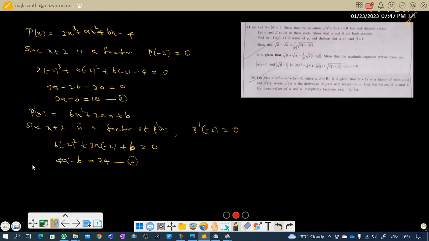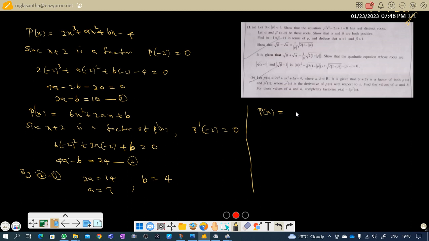This is equation 2. Then by 2 minus 1, we have 2a equals 14, a equals 7. Then what is b? b equals 2 into 7 minus 10, 14 minus 10 is 4, so b equals 4. Then you can write down clearly what P(x) is.